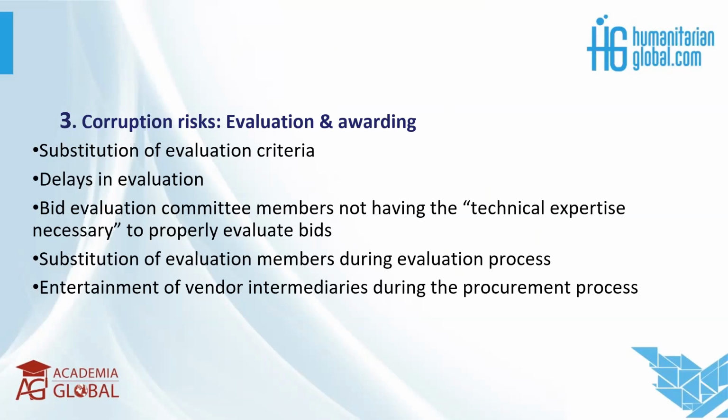So evaluation is basically you want to look at which supplier is able to supply either goods or services to your organization. When you substitute this, or you change the goalposts of how you want to evaluate, then there is a corruption risk there.